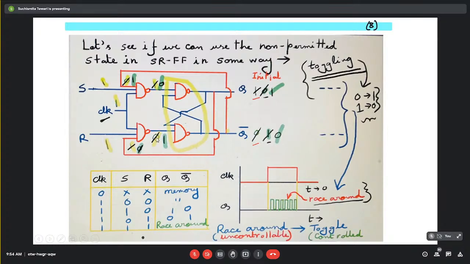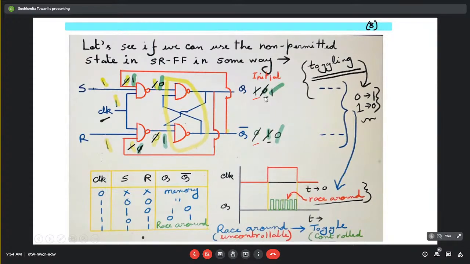And it was previously 0, and one of the inputs now becomes 0, so the output is changed to 1. So this 0 and 1 condition now. So the final output, this would be 1 and this would be 0. Again this will be fed back like that.